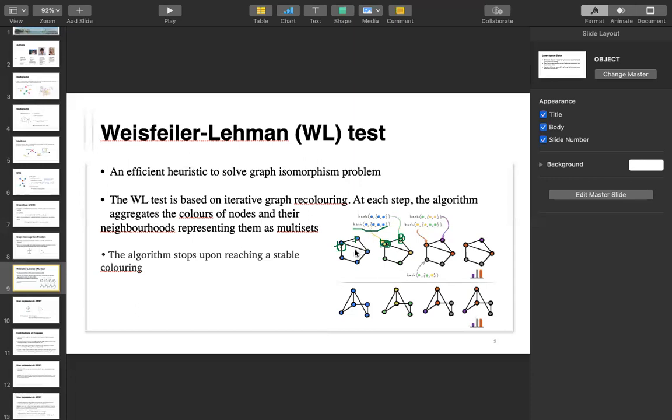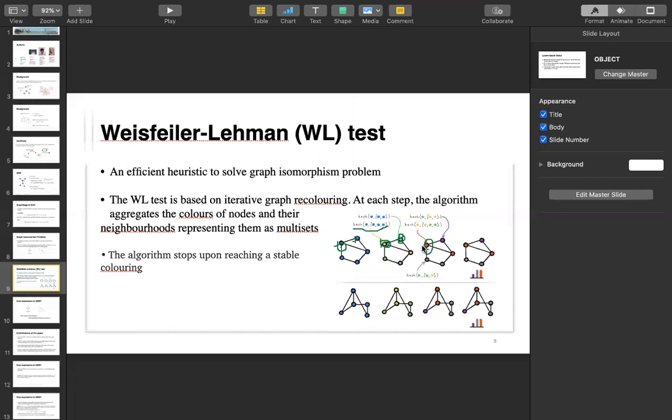For this example, yes. Here in the first layer, all the features are the same, but in the second layer it becomes different, because when we do the same process twice, then we can see when we are analyzing this node, the initial color is yellow, and its neighboring nodes are one yellow and 2 green, right?